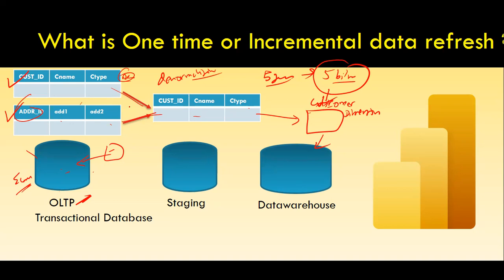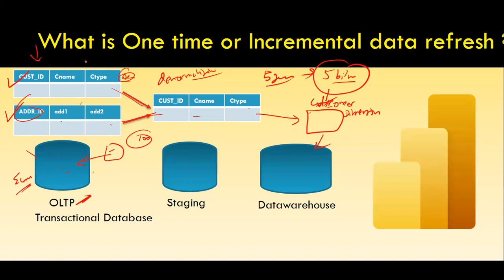Once you load the 5 billion customer details into this customer dimension table, is that enough? On a day-to-day basis, new customers are also coming. Let's say on a daily basis, 100 new customers come in.